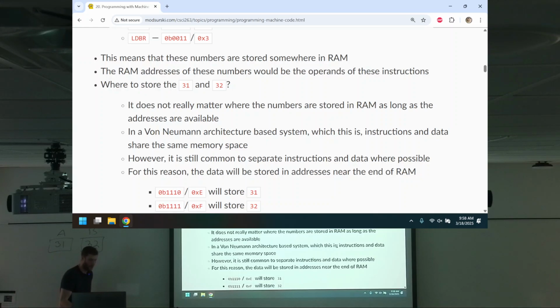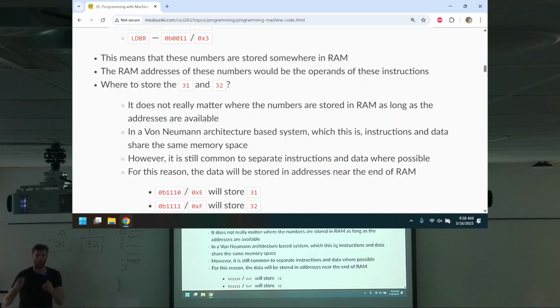For example, if I start writing, my program starts at address 0, 1, 2, E, F, right? So I've got some instruction, some instruction, some instruction, some instruction. Maybe I have a halt here. A short little program, but I have data. I could store the data right after my block of instructions.